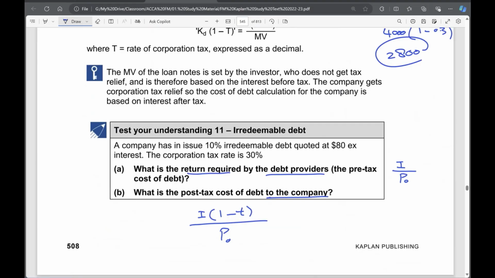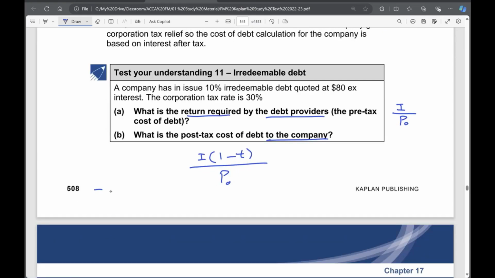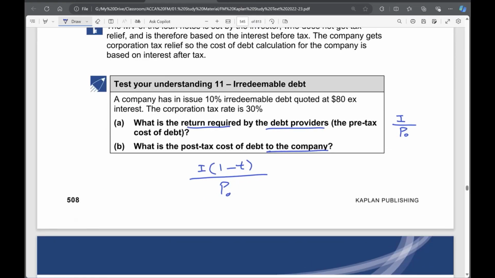We will find I in dollars, not in percentage. Let me write it down here: I stands for the interest amount, not the interest rate.